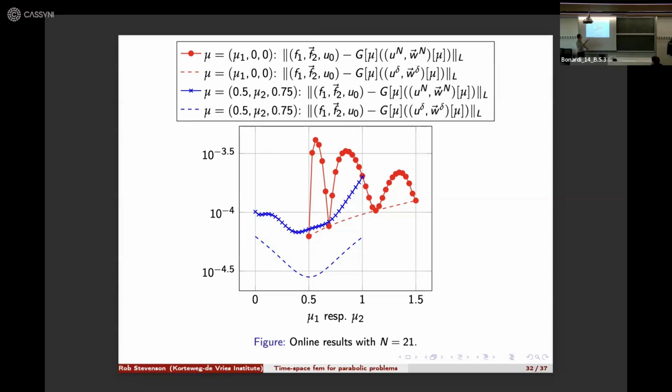And what you see is the dotted lines are the errors in the truth solutions, and the solid lines are the errors in the reduced basis approximations, and sometimes they are equal because apparently this value of the parameter was selected as a snapshot value, but otherwise you get, of course, higher errors, but not so much. They're close together, whereas we use only 21 snapshots.